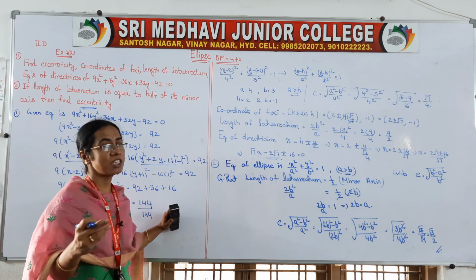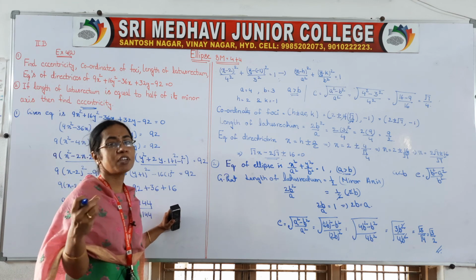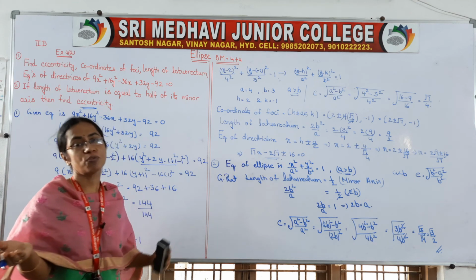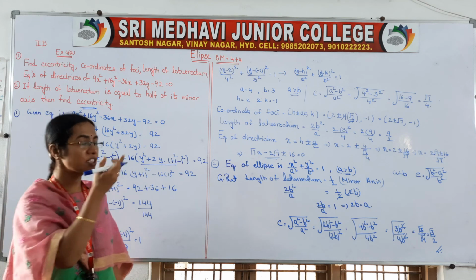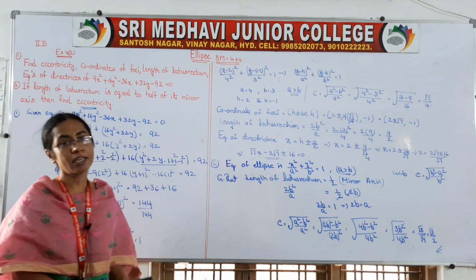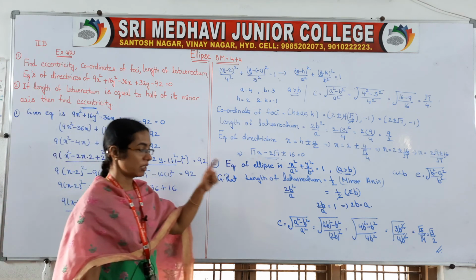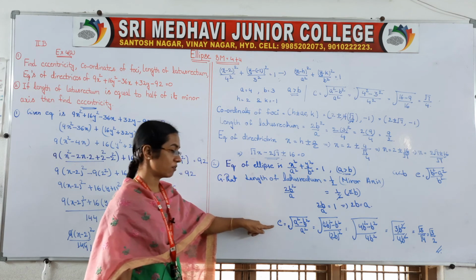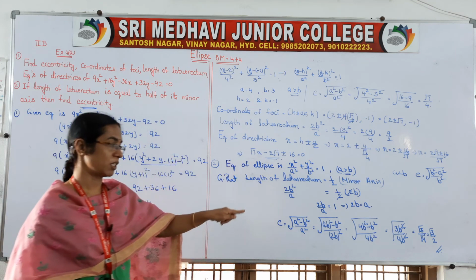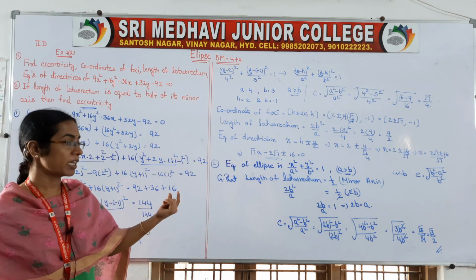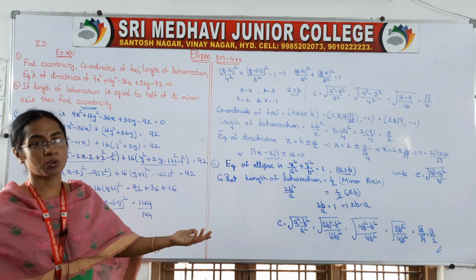If nothing is mentioned, that means no equation is mentioned, then we will go for the standard ellipse equation where a is greater than b. That's why we have taken the eccentricity formula as root of a square minus b square by a square. In place of a we got 2b, we substituted.